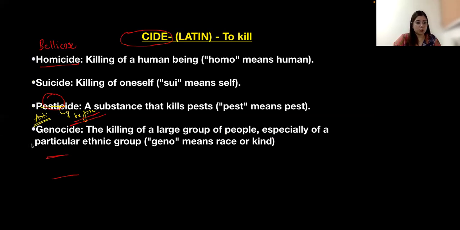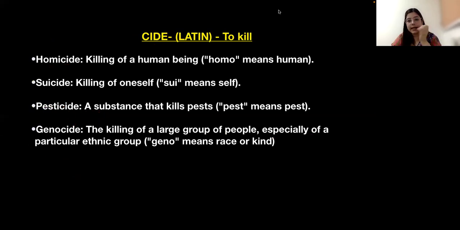Okay, next root word, side. Side means to kill. So, homicide, killing of a human being, suicide, killing of oneself, pesticide, a substance that kills pests, insects that grow on crops. Genocide is mass killing of a particular group or an ethnic group, people of similar ethnic backgrounds or race or kind or creed, right?